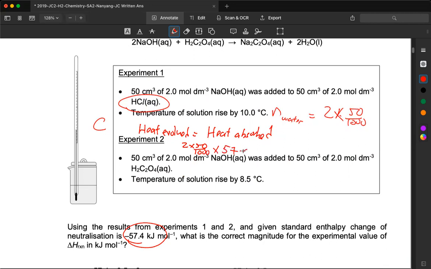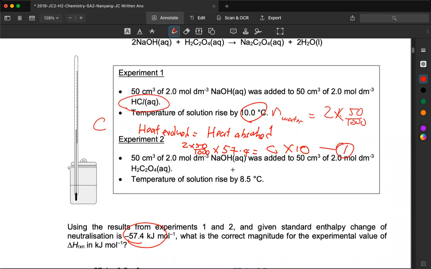The heat absorbed is mc delta T. How much energy is absorbed by the water? So energy released equals energy absorbed. So the heat capacity C times the temperature rise 10 is the heat absorbed by the solution. Heat evolved by the reaction is absorbed by the surrounding. The solution is the surrounding, and it absorbs the heat. So you form equation 1 here.